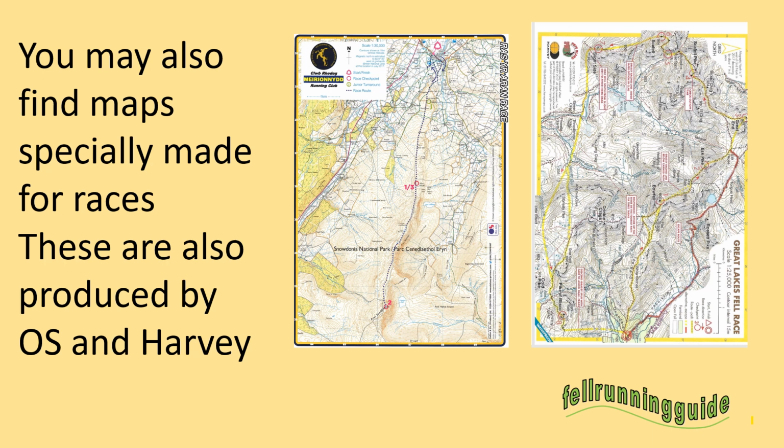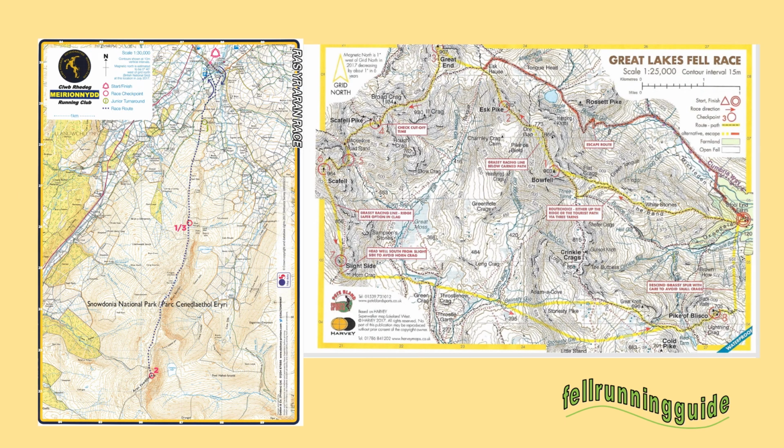We might also find maps that are made especially for certain races. These are also made by either Harvey's or Ordnance Survey. So here are a couple of examples. We've got on the left the Ras-y-Aran fell race made by Ordnance Survey, and on the right hand side the Great Lakes fell race map, and that's a Harvey map.